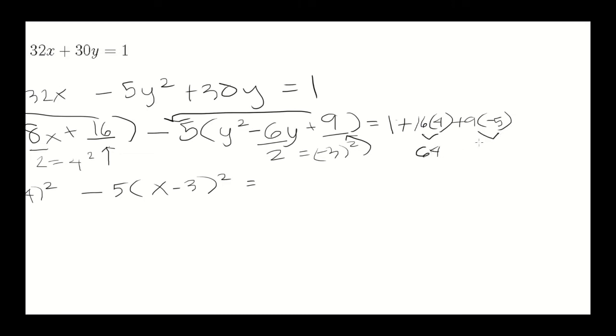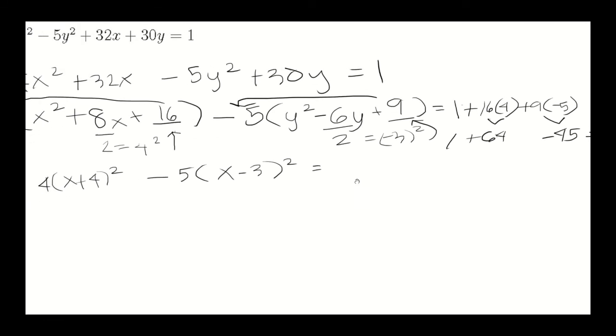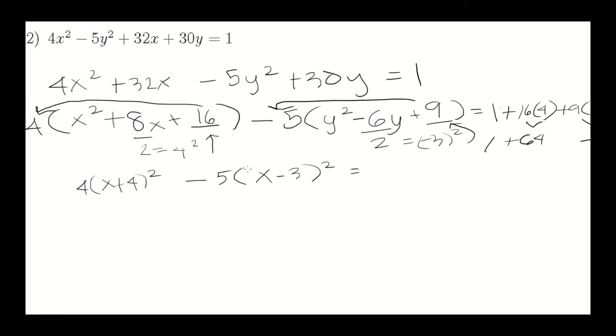Then 9 times negative 5 is negative 45. And then we have 1 here, so 1 plus 64 minus 45 is equal to 20. Very good.